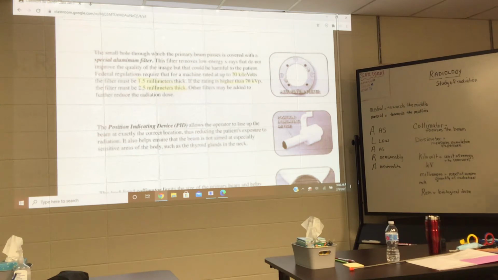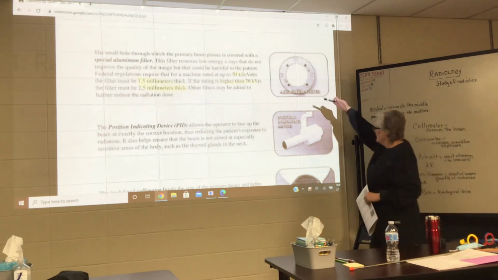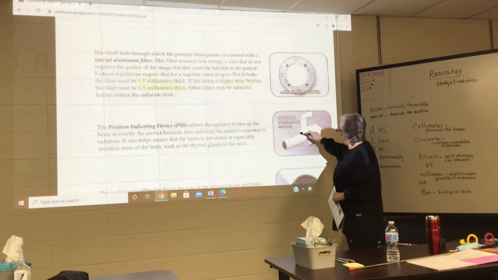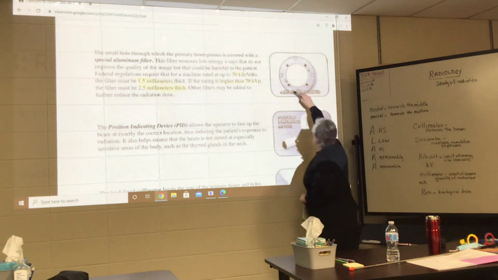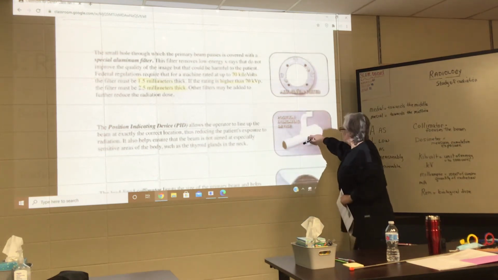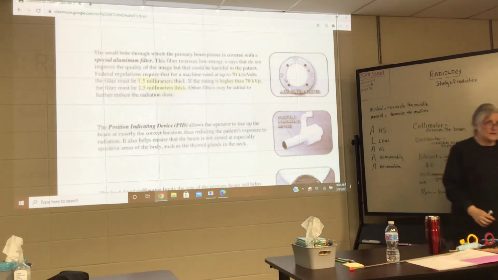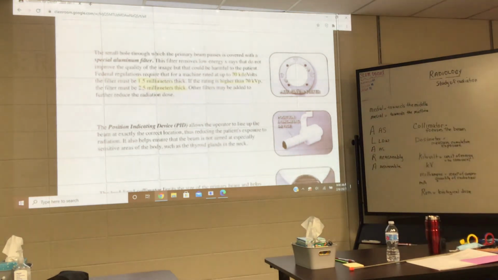This is a picture right here of the aluminum filter, and it fits right in here between the PID and the head. Okay, right in here. This is all the way around, so it's a circular deal right in here. Looks kind of like a washer.